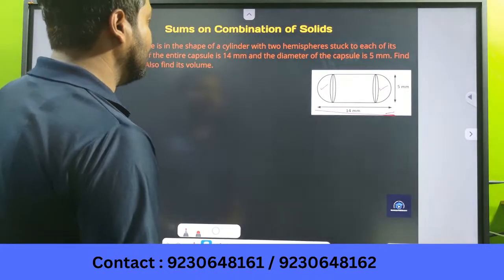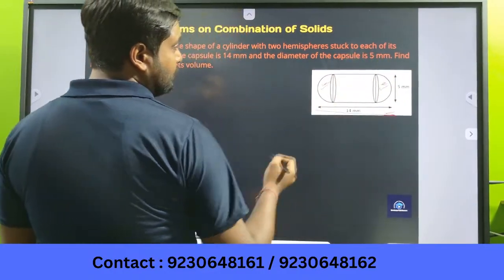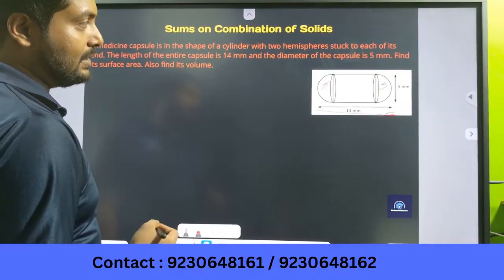So, here this is a hemisphere and this is a hemisphere, and both these hemispheres have the same diameter, that is 5 millimeter.